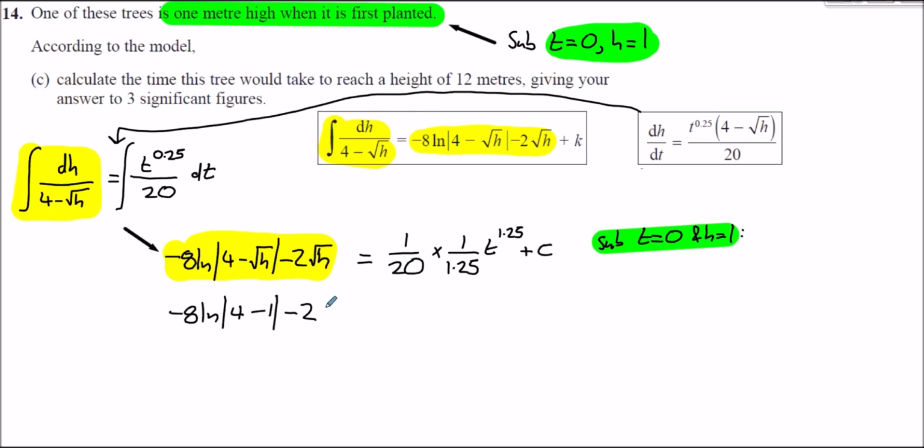That'll give on the other side basically 1/20th times 1 over 1.25. Now when times 0, that's going to give times nothing essentially. So that's going to be times 0 plus c.